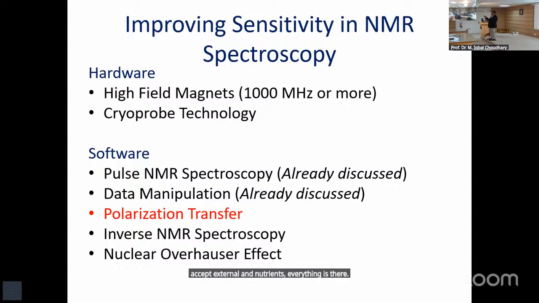And they said, if we cool those electronics within the probe by gaseous helium, temperature is minus 21... not liquid helium, gaseous helium. 4 Kelvin.